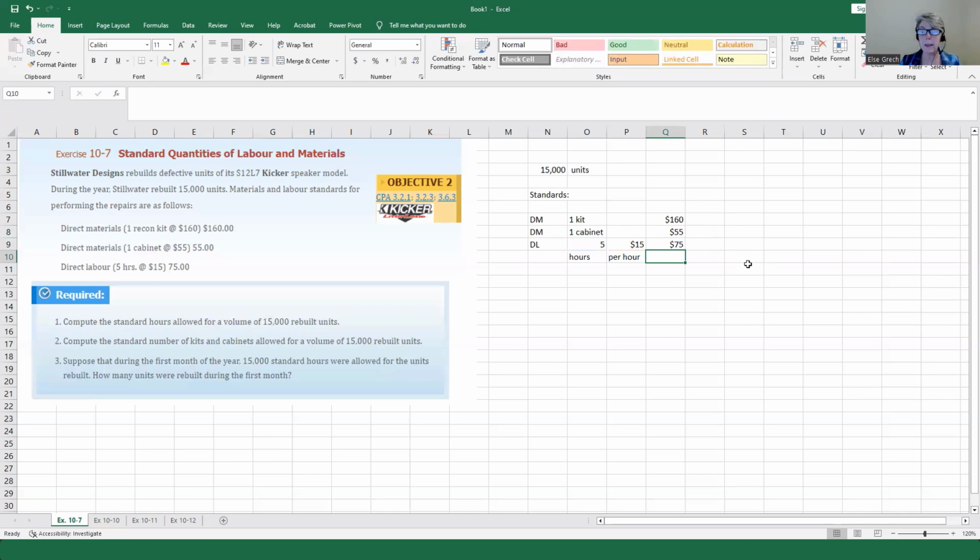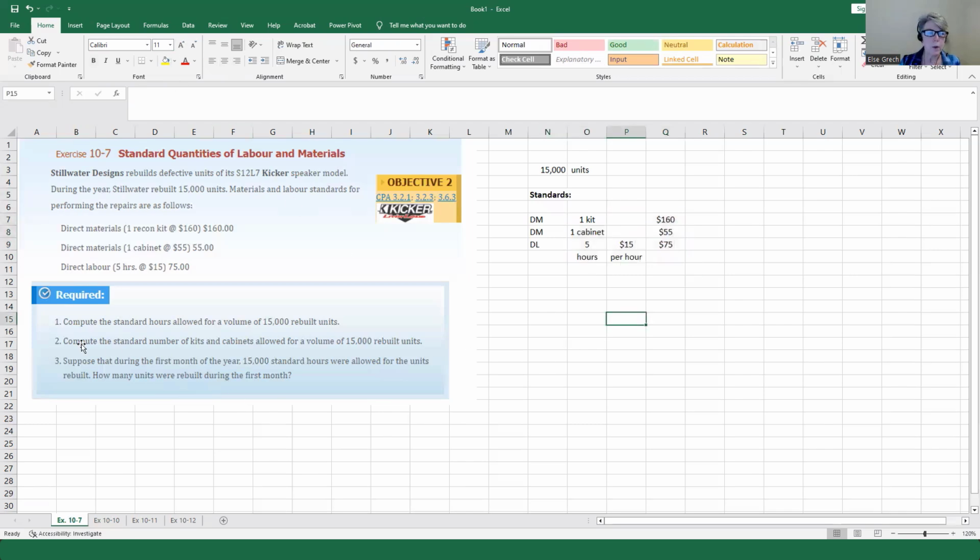So you can see these are all the standard costs that are going into rebuilding these speaker models. So this is the standard again, that's not the actual. And remember, when we do performance evaluations, we're comparing the standards to the actual to see if we should pat them on the back or we should penalize them or ask them a whole bunch of questions as to what they're doing. I'm just going to center these so they're easier to see.